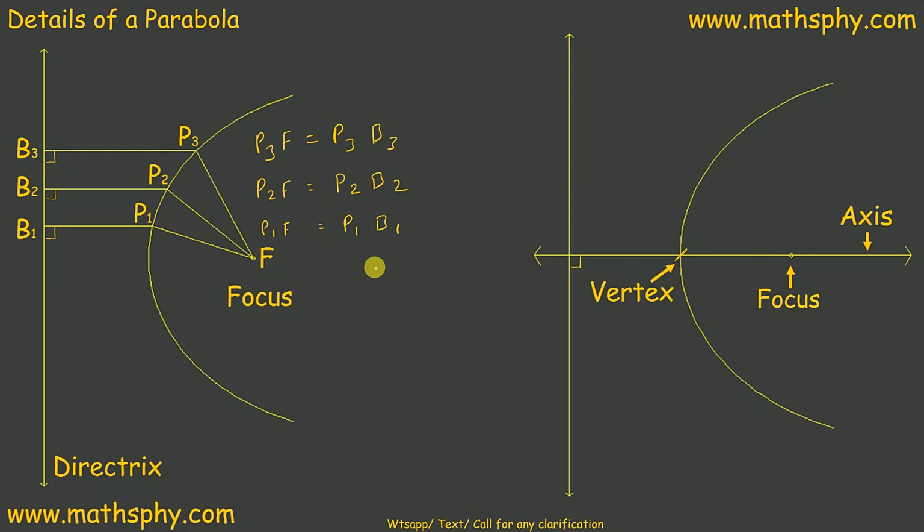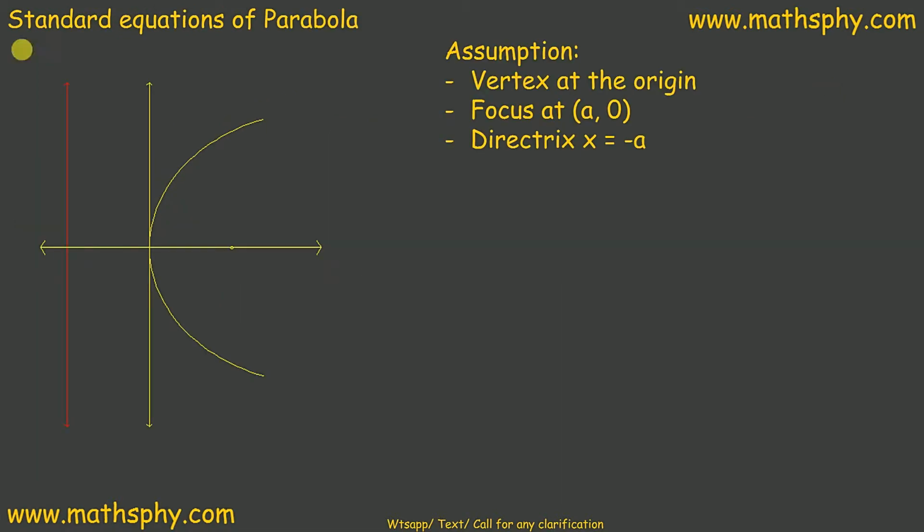equations of parabola. Now, when I say standard equations, we will be talking about basic form of parabola, where we assume following things. Vertex is at the origin. We know that point of intersection of axis and parabola is called vertex.